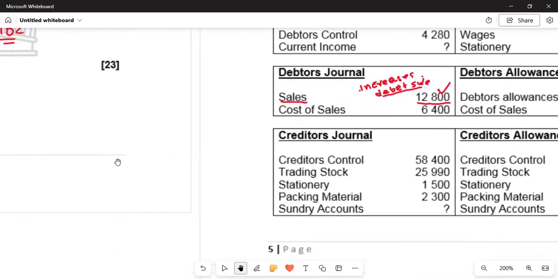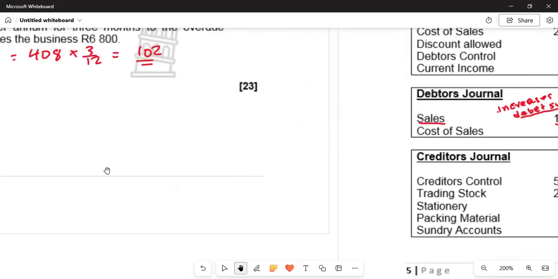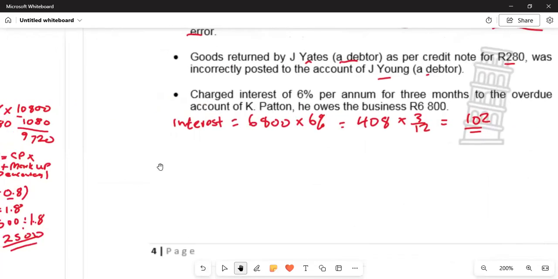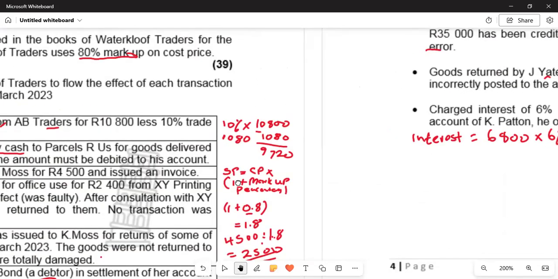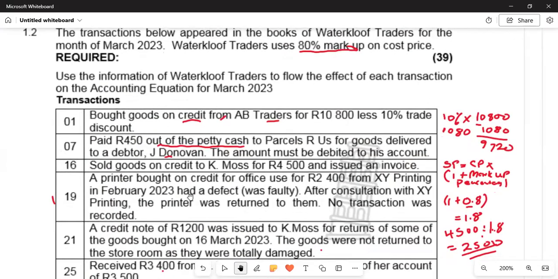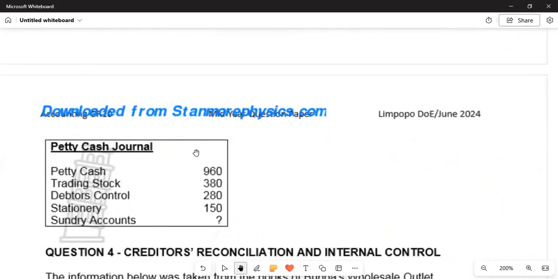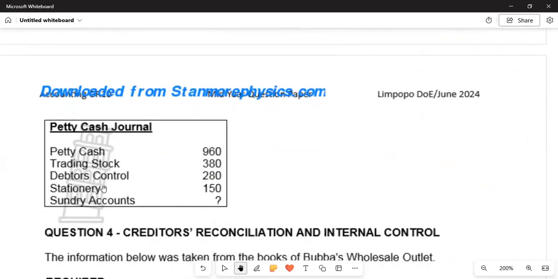So now let us go to petty cash. Here is our petty cash, which talks about debtors control.